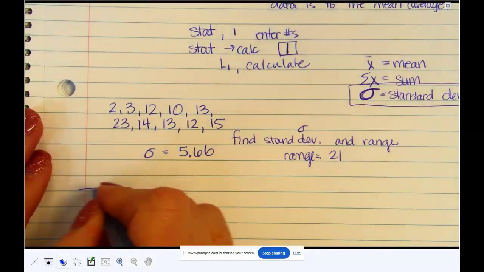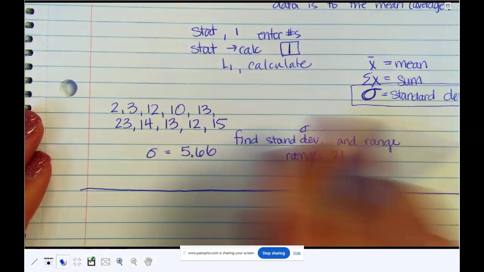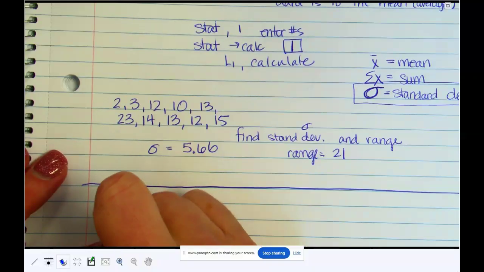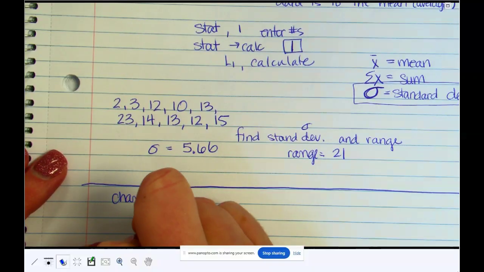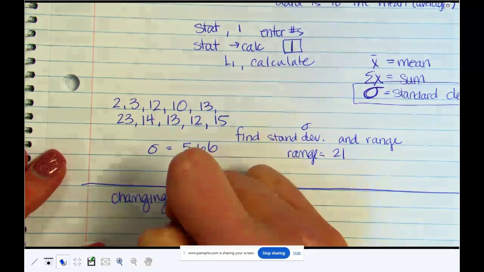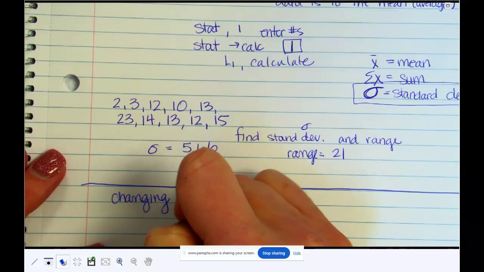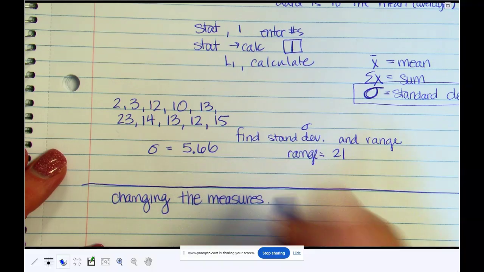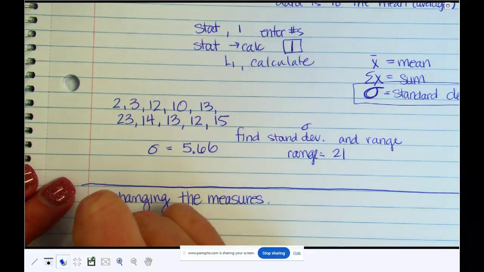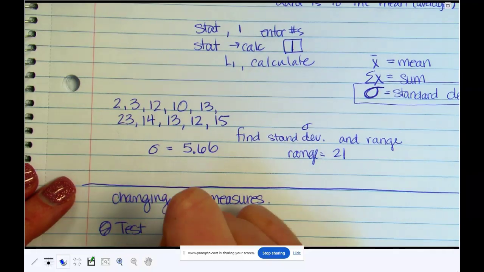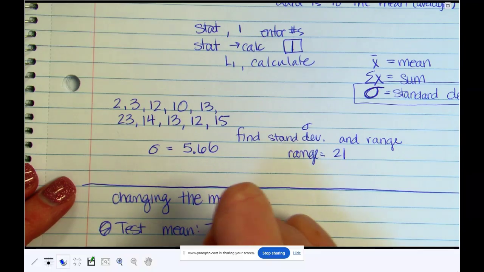Now, the last thing I want to talk about is on your homework: changing the measures. Let's say your last test, the mean was 75.